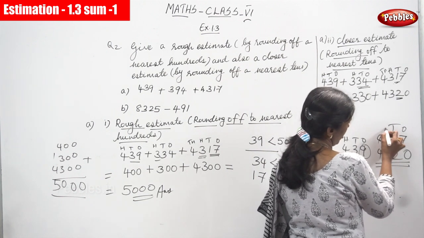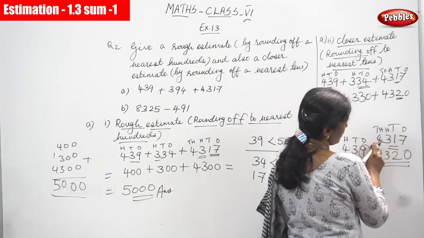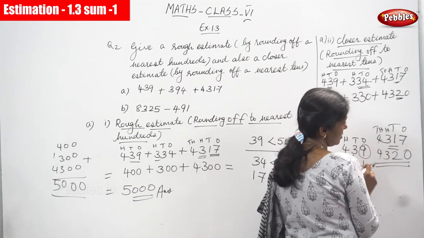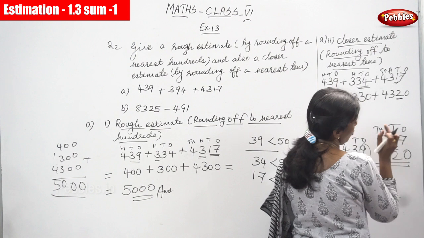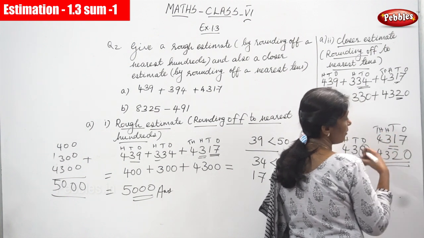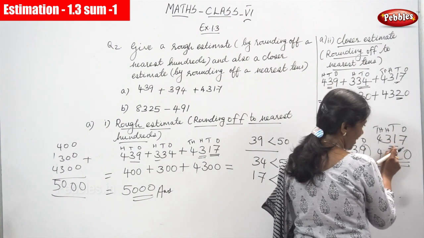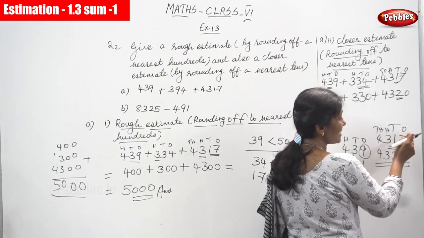4317. 4 is in the thousands place and 3 in the hundreds place. You should not disturb these two digits. You have to consider only the tens and ones, because you have to round off to the nearest 10. The tens place is 1, and the ones place is 7.